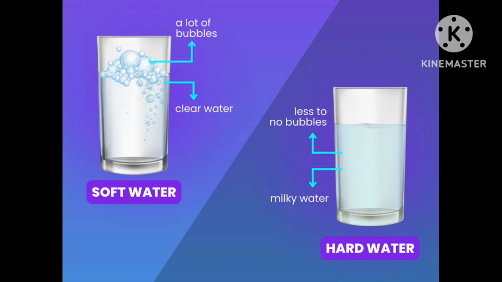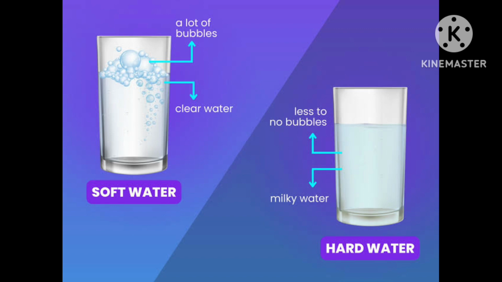Hard water can be due to chloride and sulfate, but temporary hardness is due to the bicarbonate of calcium and magnesium. This hardness can be removed by mere boiling of water. Simply, if you boil the water, then temporary hardness will go.